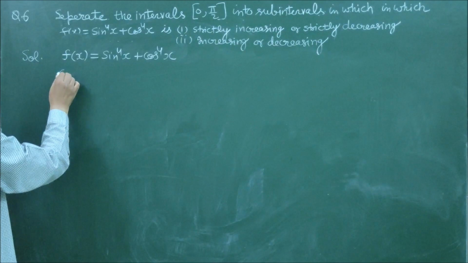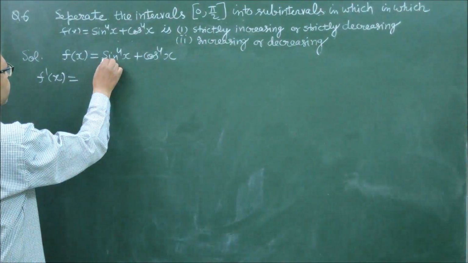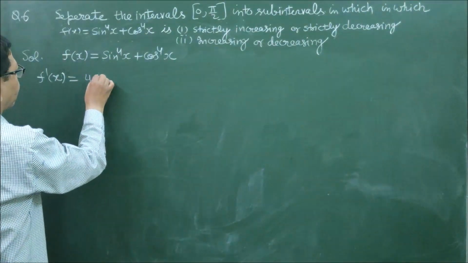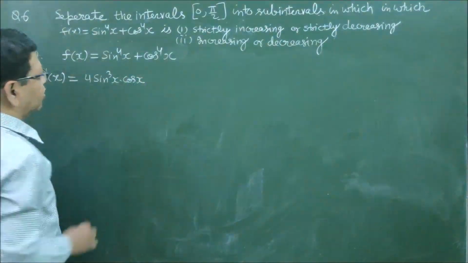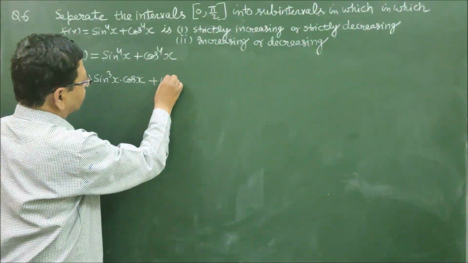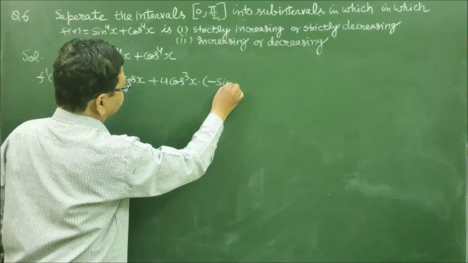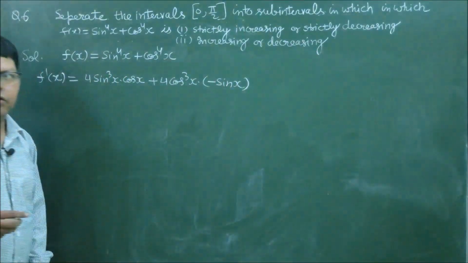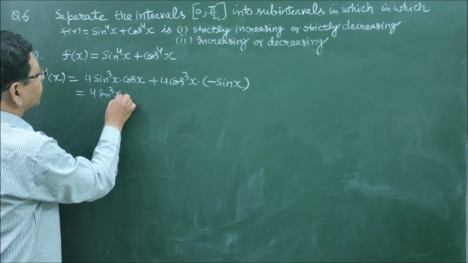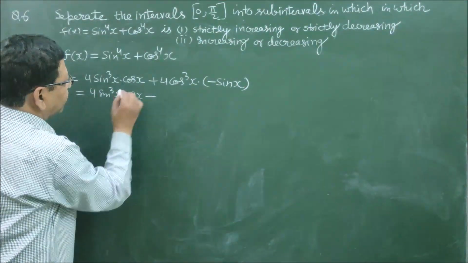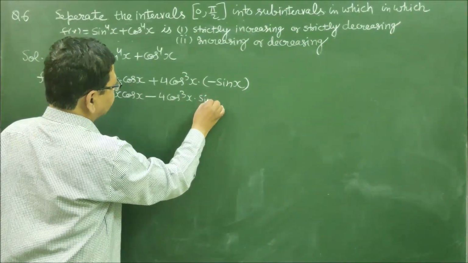Differentiating this function with respect to x, f dash x is equal to differentiation of sin 4x, 4 sin cube x into cos x, plus 4 cos cube x into differentiation of cos x, which is minus sin x, which is equal to 4 sin cube x cos x minus 4 cos cube x into sin x.